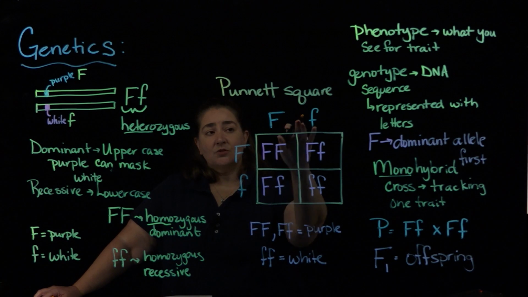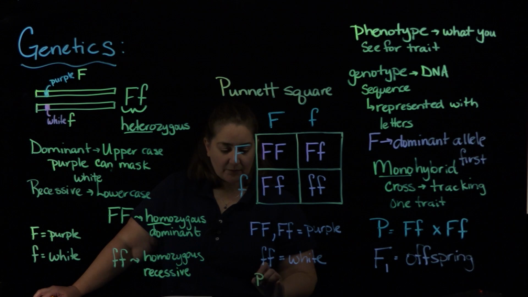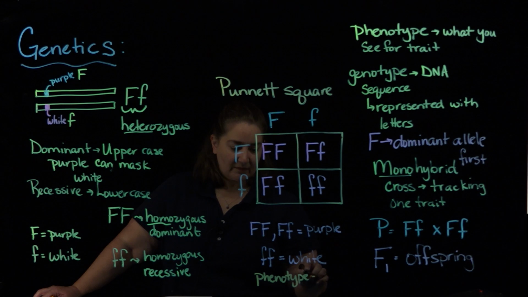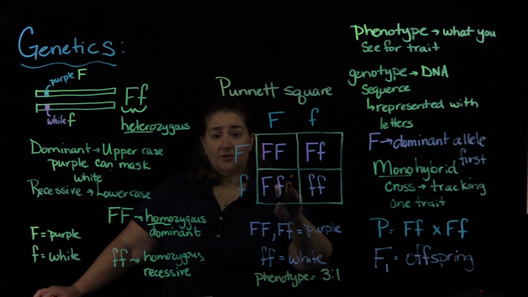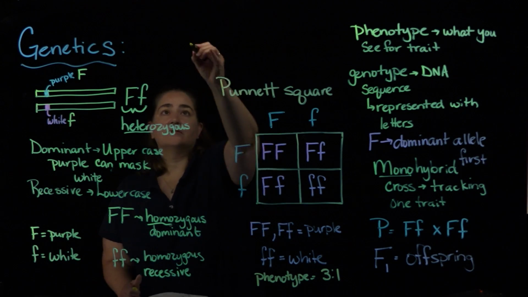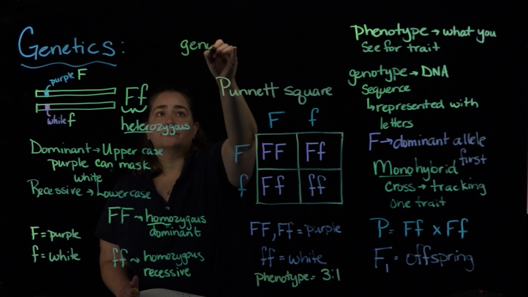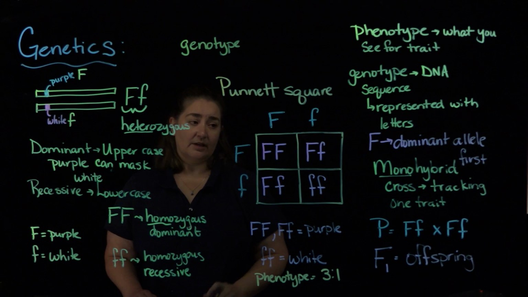With this one, I set up 2 heterozygous parents, and if you notice with our phenotype, we've got a 3-to-1 ratio, meaning we've got 3 offspring that are going to have purple flowers, 1 offspring that's going to have white, okay? Now out of this we can also, I'll put this up here, look at the genotype ratio, okay?